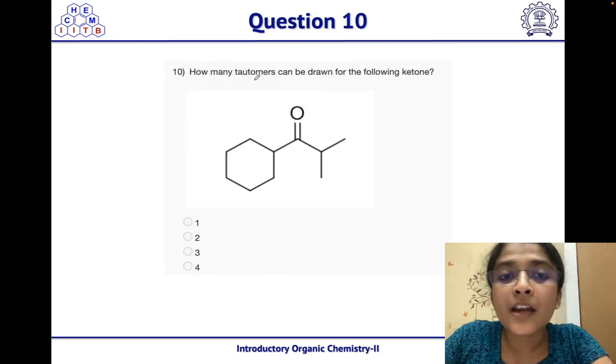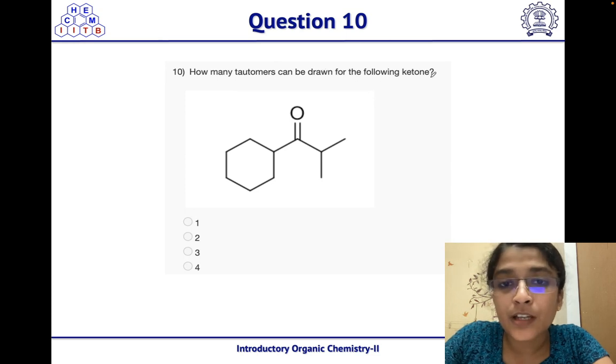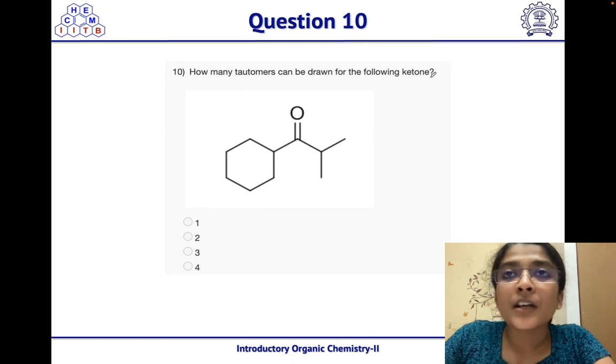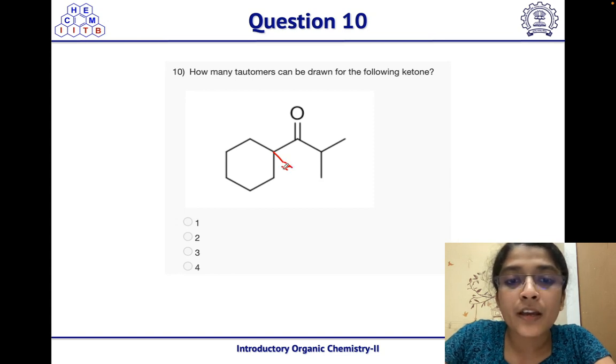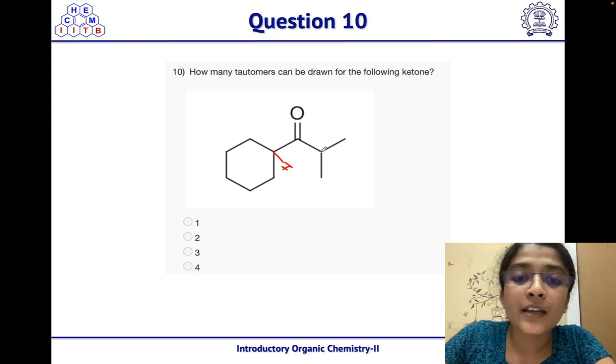So now we will move to question number 10. Here they are asking how many tautomers can be drawn for the following ketones. For keto-enol tautomerism to take place, there should be at least one alpha hydrogen atom. In this case, there are two alpha hydrogen atoms present.